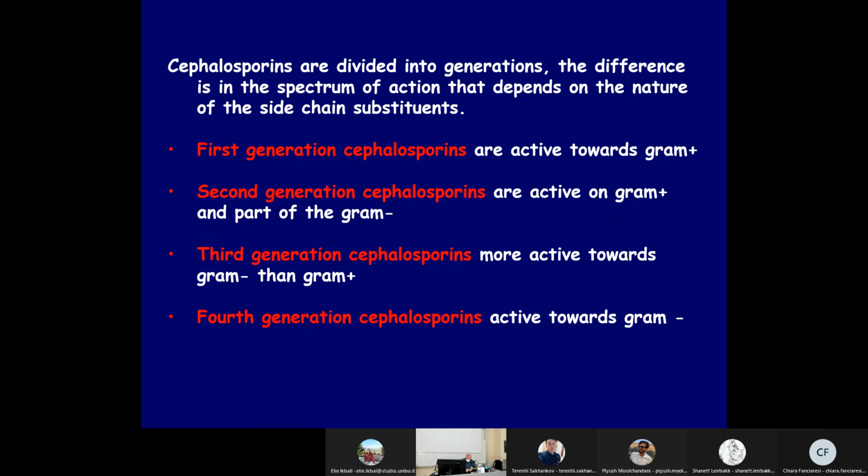This means that we start from more than 30 years ago, and then we have different generations with a different activity towards, at the beginning, gram positive, and then at the end, only towards gram negative.